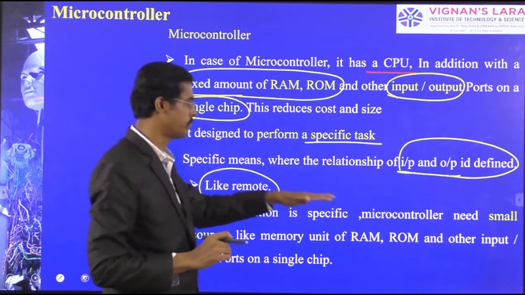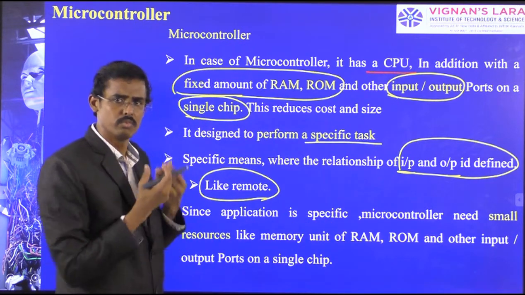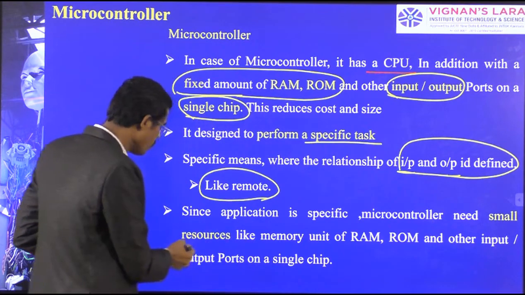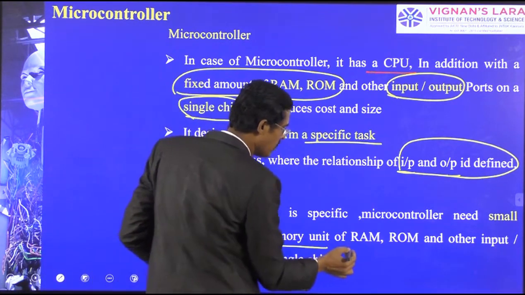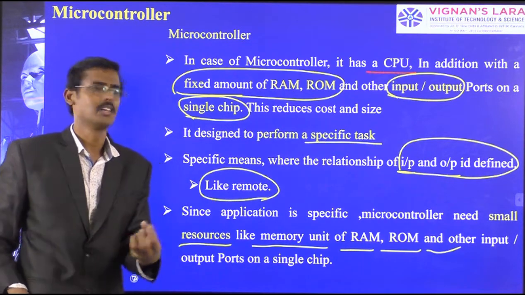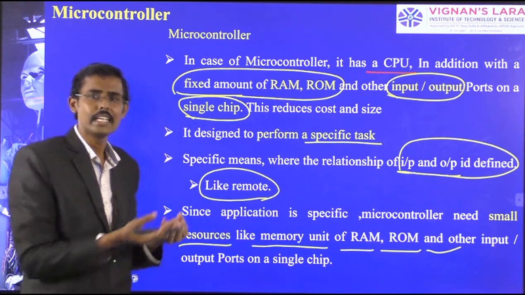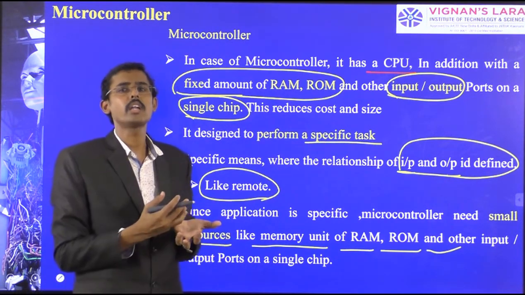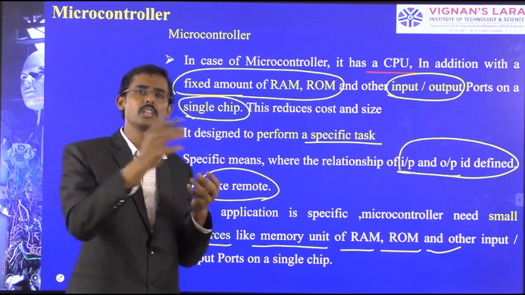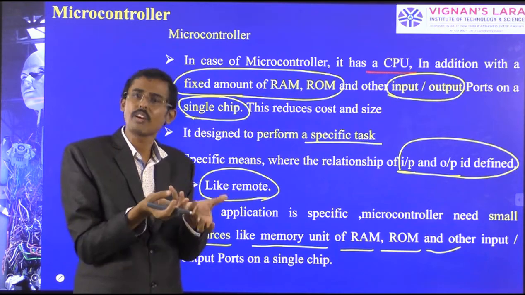Since the application is specific and we are going to do only one task, the microcontroller needs smaller resources like memory, RAM, ROM and other inputs. The resources themselves get reduced. If one task needs only 2 GB of RAM, why enable 16 GB of RAM there? Unnecessarily including additional memory increases the cost.